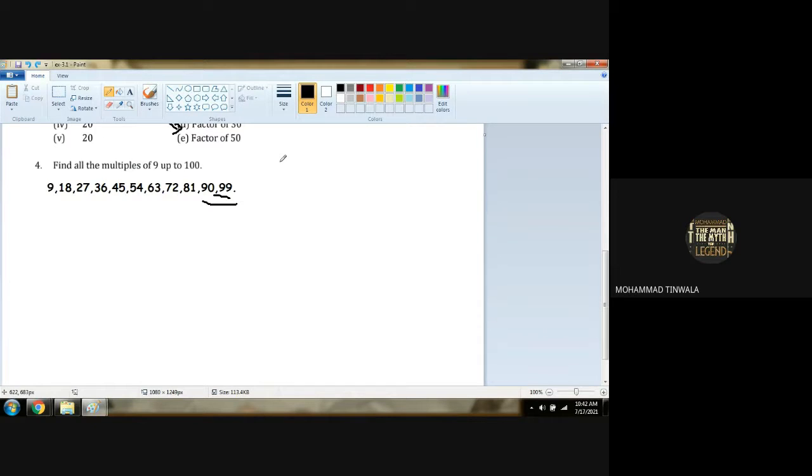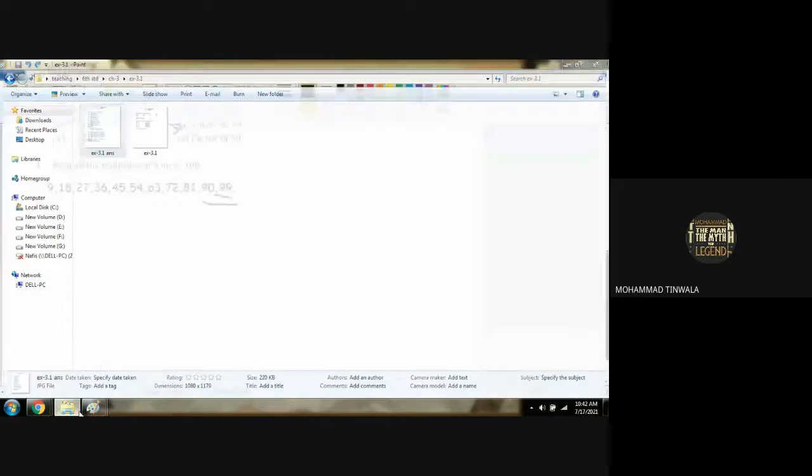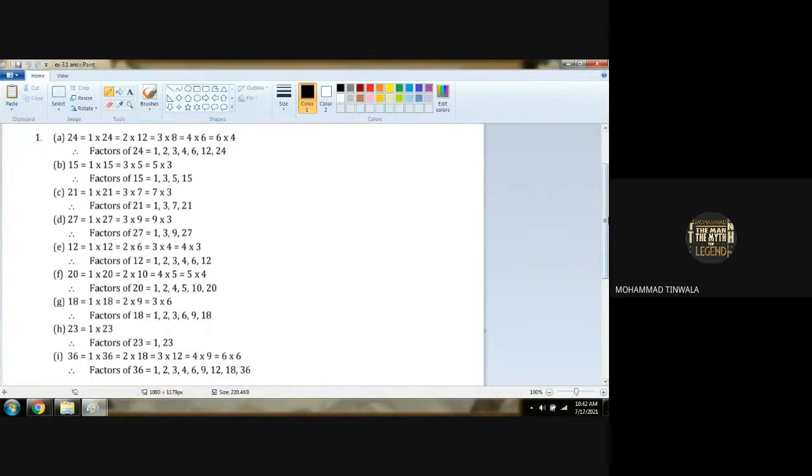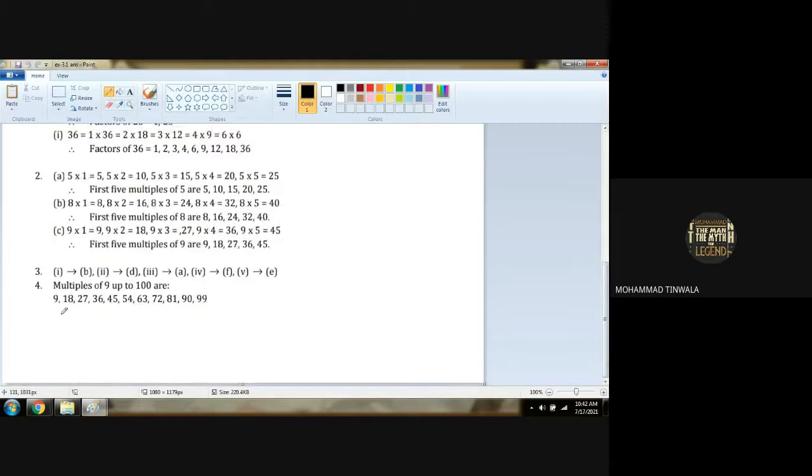So this is our answer, which you have. You can tally here, answer number 4. Multiples of 9 up to 100 are 9 to 99. You cleared?